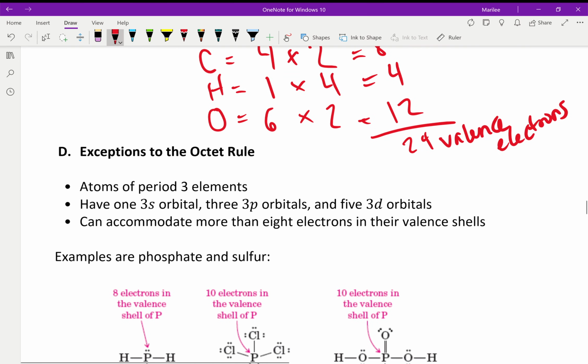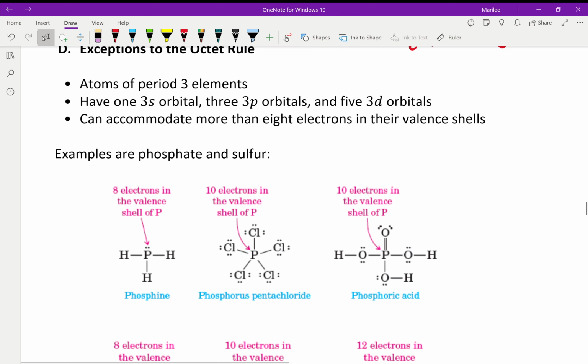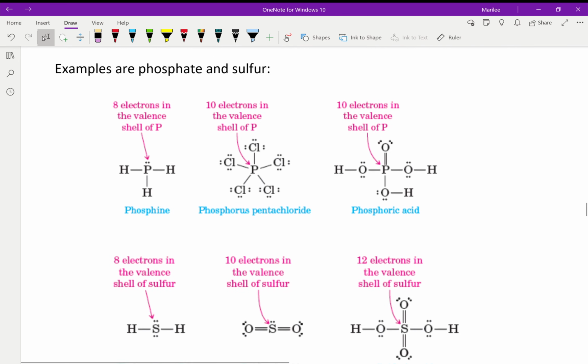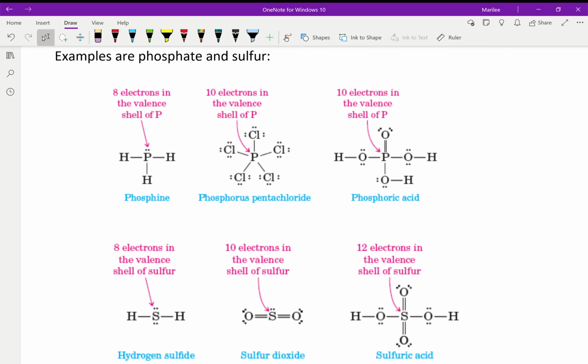Exceptions to the octet rule. Atoms of period 3 elements have 1 3s orbital, 3 3p orbitals, and 5 3d orbitals. It can accommodate more than 8 electrons in the valence shell. So an example here, we have the phosphate and the sulfur. You can see how on each line there's 2 electrons, right?